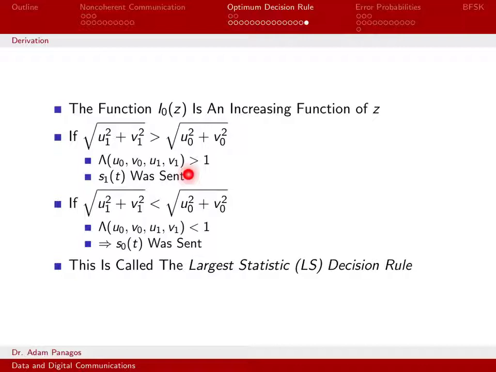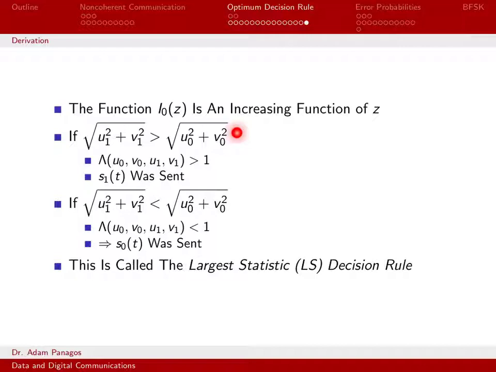If you go back to the previous chart and look where the alpha and sigma appeared, they appear in the exact same spot on both the numerator and denominator. Because this is an increasing function, all that matters is the other parts: the square root of u1 squared plus v1 squared, and the square root of u0 squared plus v0 squared.